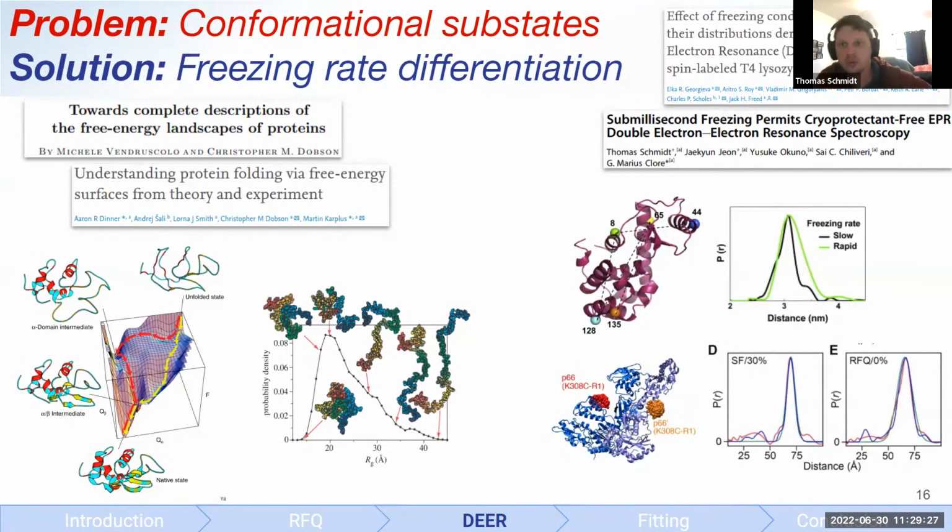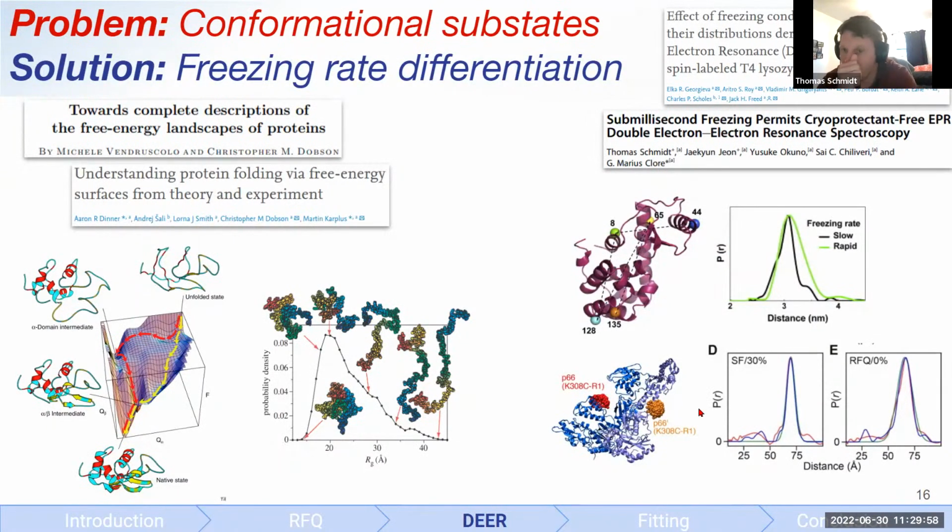I think the first one to really propose the idea was actually the Fried group, where they used a similar system of a copper freezing disk and looked at how the distances change if one freezes rapidly compared to liquid nitrogen. And this is shown here in black and green. And simply the paper stated that the conformation of the rapidly frozen system is significantly wider compared to the liquid nitrogen frozen.